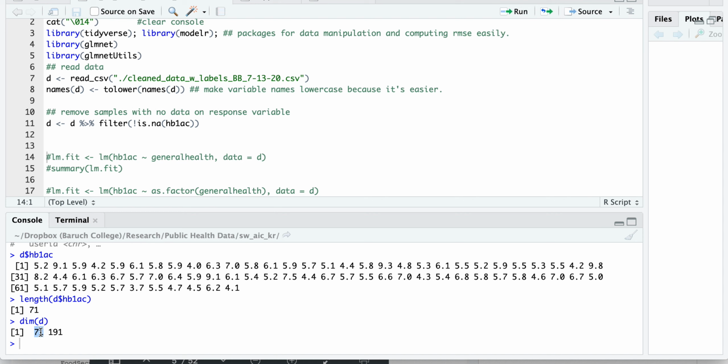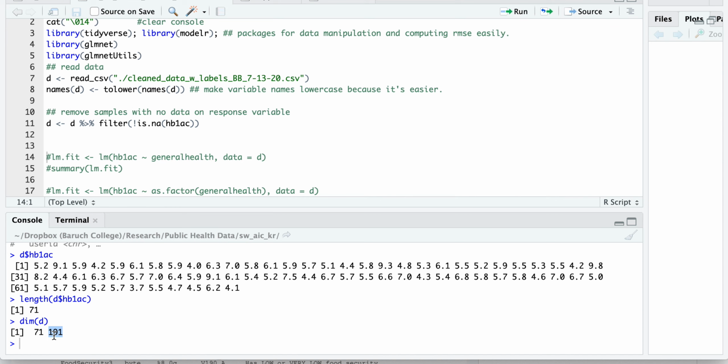So we have 71 observations and 191 predictors, and many of them are categorical, so technically there are more than one predictor. Categorical variables are effectively as many. One categorical variable with k categories is effectively equivalent to k minus 1 numerical predictors.